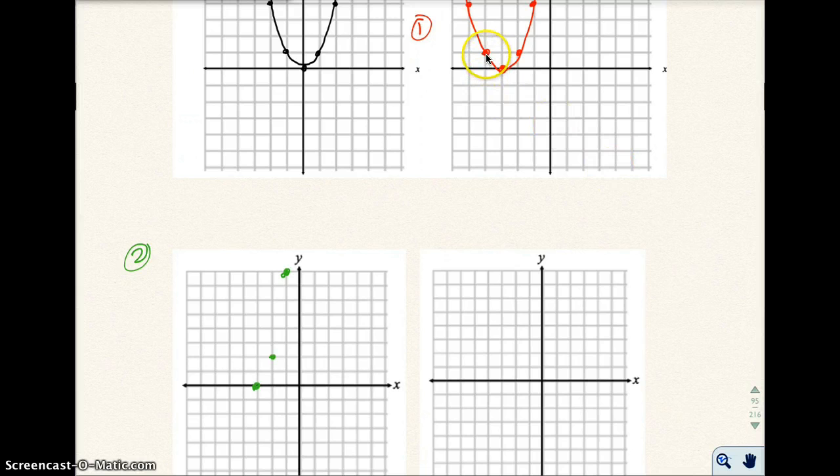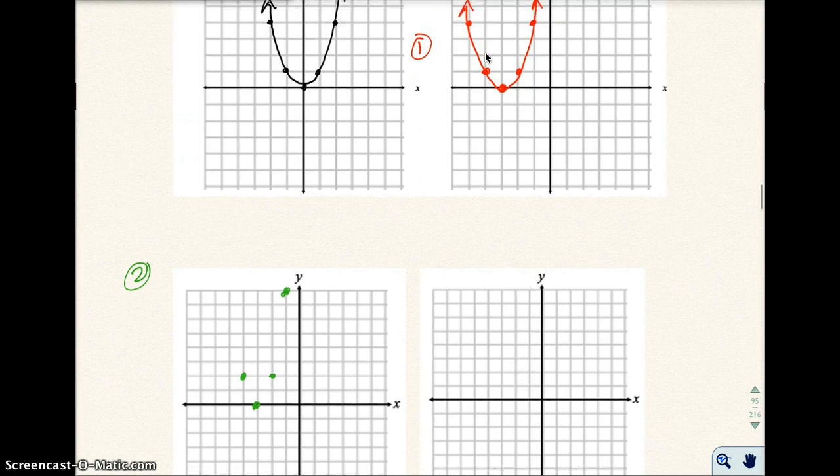This y coordinate was 1, so now it becomes 2. And this y coordinate was 4, so now it becomes 8.